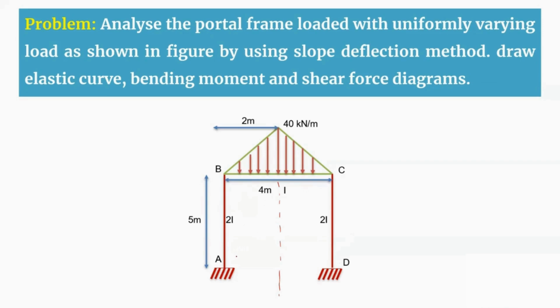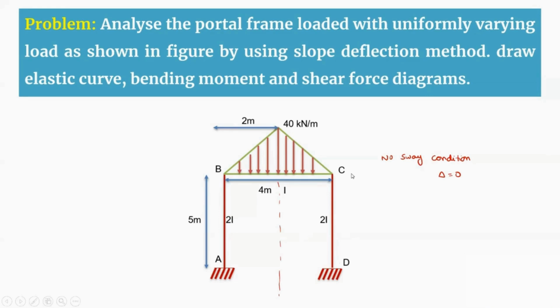A is a fixed support, and D is also a fixed support. So it is a reflecting image. Therefore, there is no sway. It is a no sway condition. That means delta will be equal to 0 for AB as well as CD.